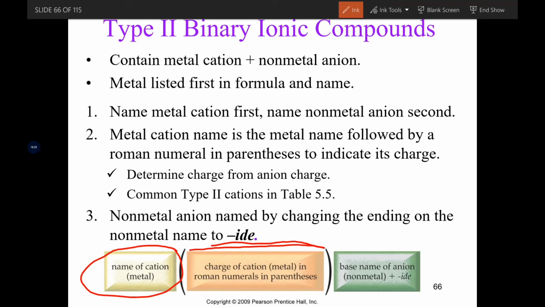We can do that with the name of the cation followed by the charge, which we get from the Roman numeral in parentheses. Or alternatively, we could use the older name. Either one of the two works, followed by the name of the anion.